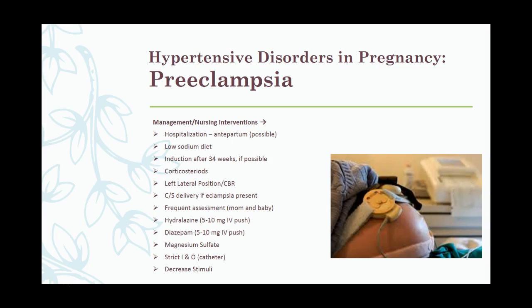People who end up in mag toxicity will be very lethargic. They will have decreased respirations. They will experience zero to very little deep tendon reflexes. So whenever we are giving this drug to somebody, we are constantly checking their blood pressure. We are constantly monitoring their level of consciousness. We are constantly assessing their deep tendon reflexes.